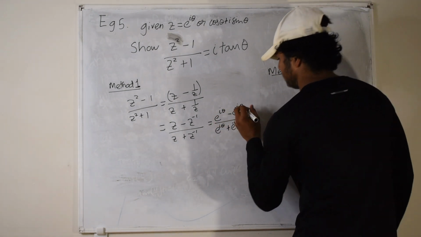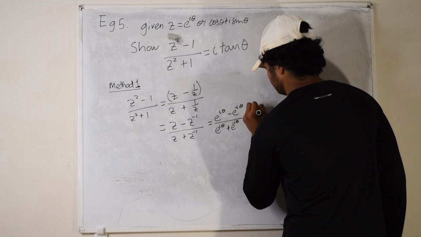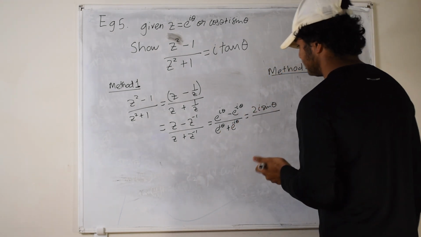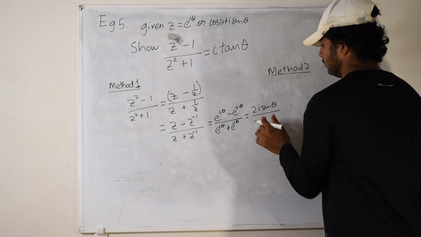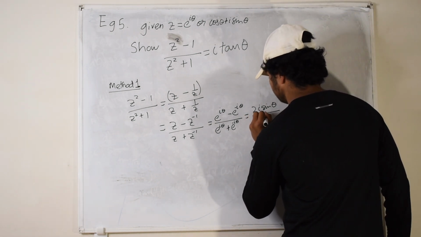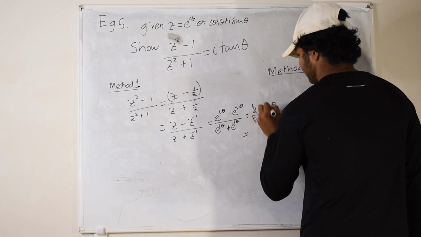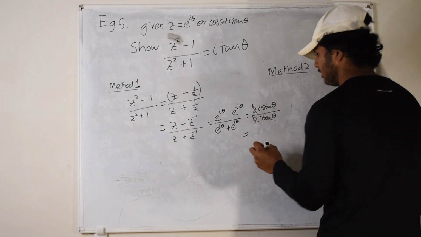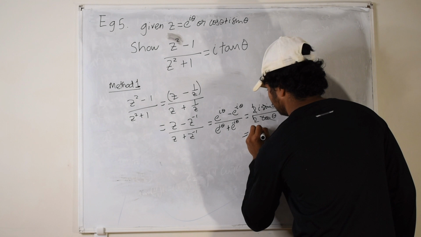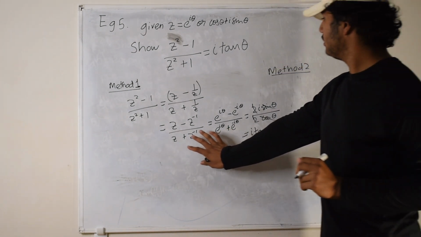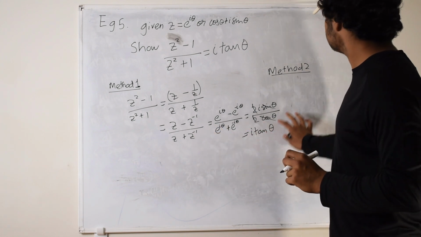The top then becomes 2i sin theta, and the bottom is just 2 cos theta. This is purely imaginary, this is purely real. Then you cancel out the 2s, and i sin theta upon cos theta is i tan theta, which equals i tan theta. So that's method 1.